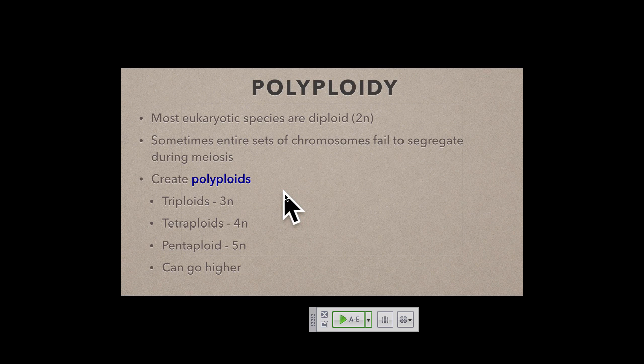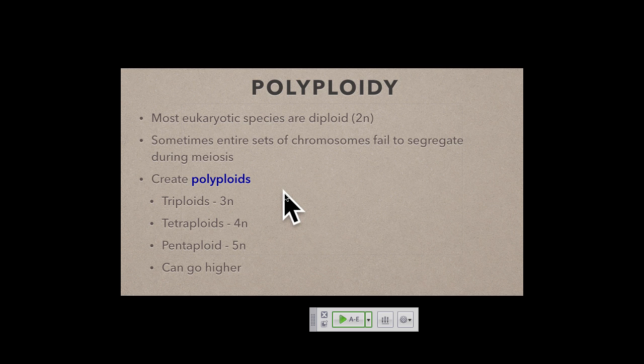And to kind of wrap this up, polyploids, generally you think of these mostly for plants. At least I've never heard a good explanation for why, but plants seem to like having extra copies of, I'm sorry, this is polyploid. We're talking about full sets of chromosomes.